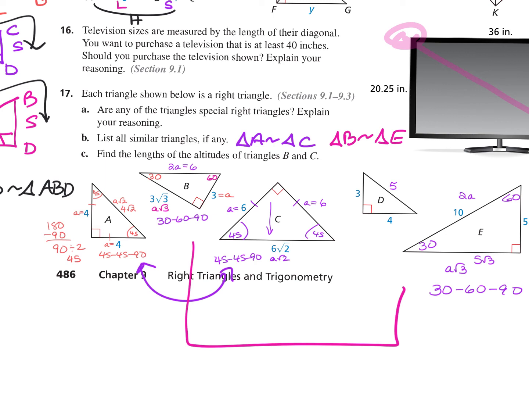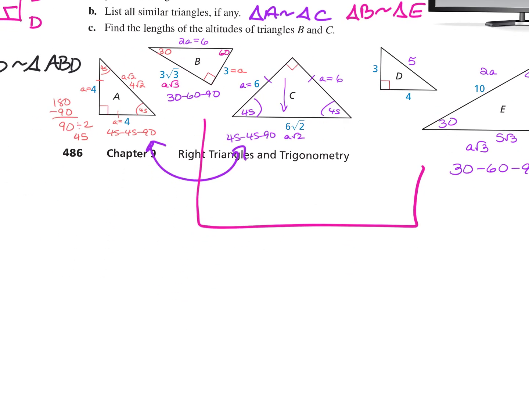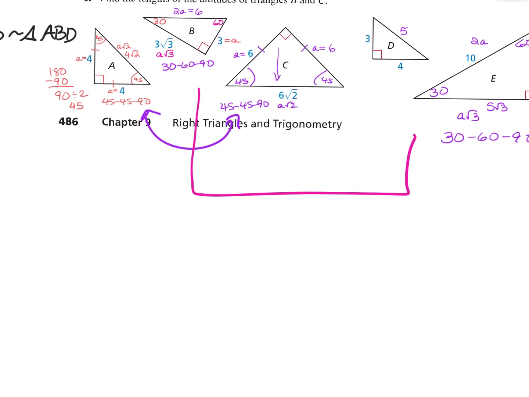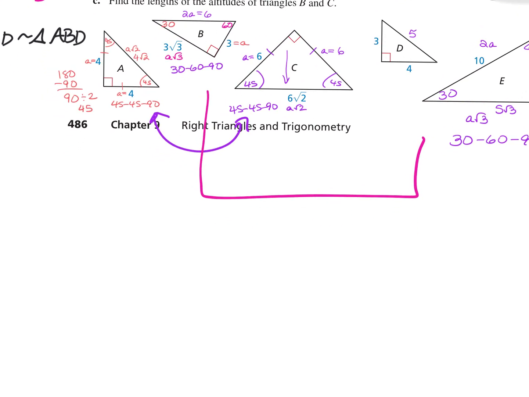And now to find the altitude lengths of B and C, if I redraw the triangle down here, so this is sort of the picture that's created in 9-3. So if I take my triangle B here, the right angle was here. We were told that this was 3 square root 3.